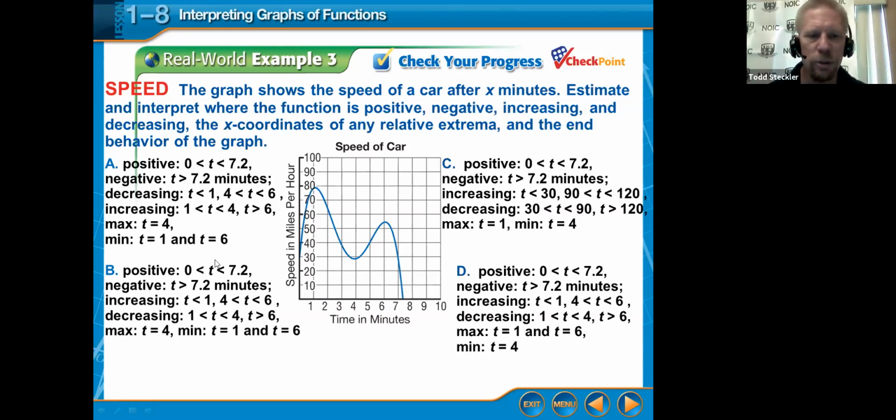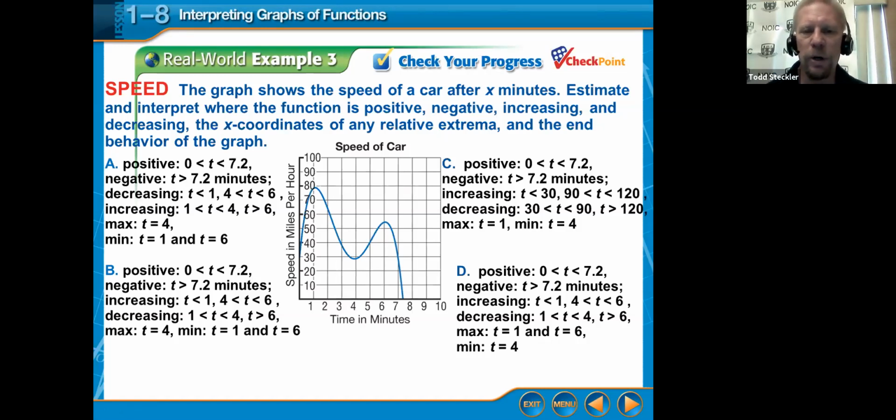All answer choices say that: positive when 0 is less than t, which is less than 7.2. Now it doesn't say it, but we're assuming that this blue graph continues down. So the graph would be negative when t is greater than 7.2 minutes. And again, all the answer choices do say that.